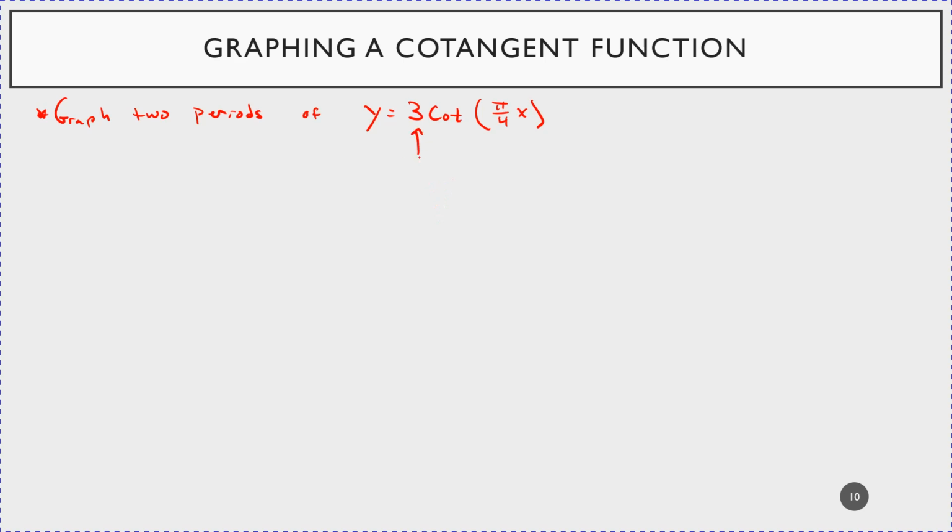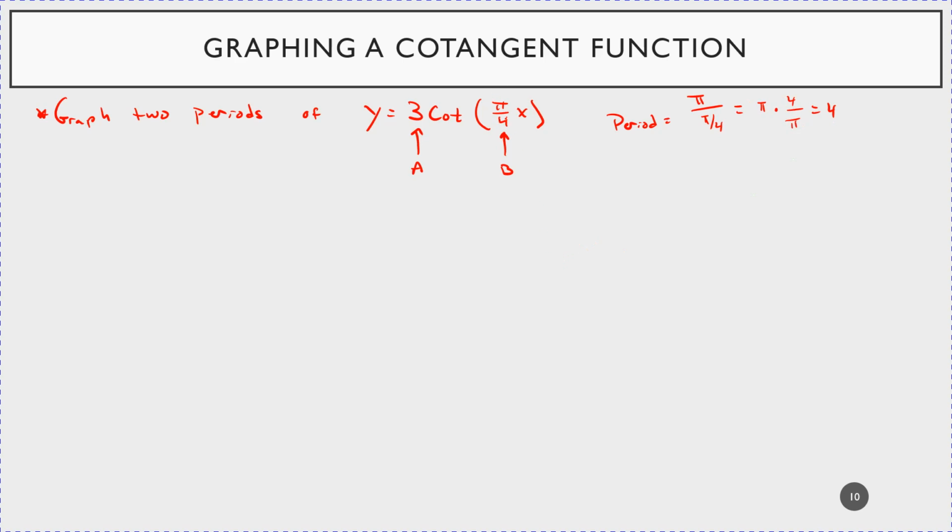All right, so this is my a. And this is my b. If it helps, for the period here, you're going to take pi and divide it by pi over 4. Keep, change, flip, you end up getting pi times 4 over pi, which is just 4. And this is important.